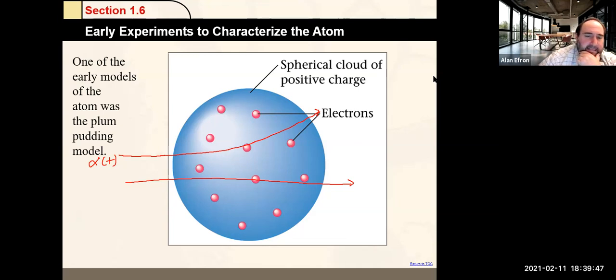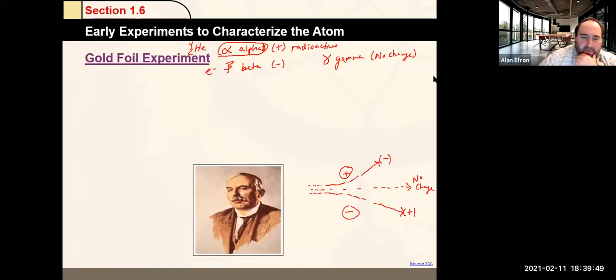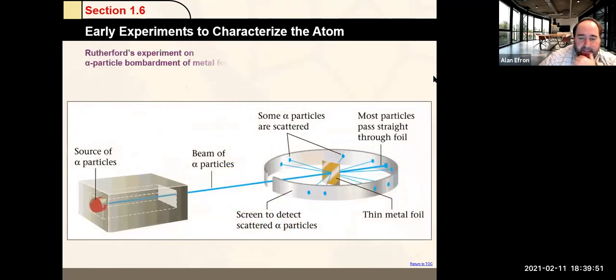So when he did this experiment, it was set up like this here. Again, we have a source of alpha particles shooting at these pieces of gold foil, which is essentially the atoms. And based on what he thought was going to happen, hey, that thing is going to go through, maybe a little bit of deflection. And what he actually saw was kind of surprising.